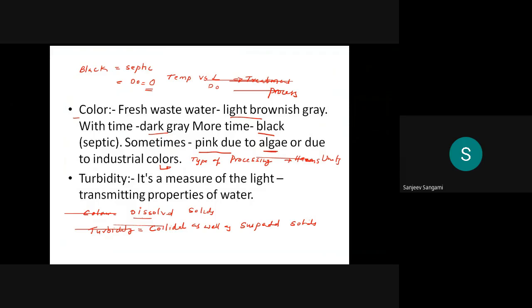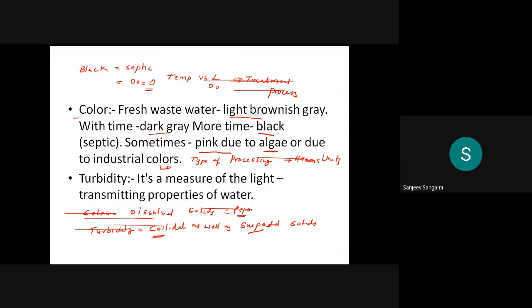When I say dissolved solids, the best example is Pepsi. It is completely dissolved. Even if you filter it with filter paper, you won't get anything on the filter paper. But with turbidity, if you filter it, some particles are going to settle on the filter paper.